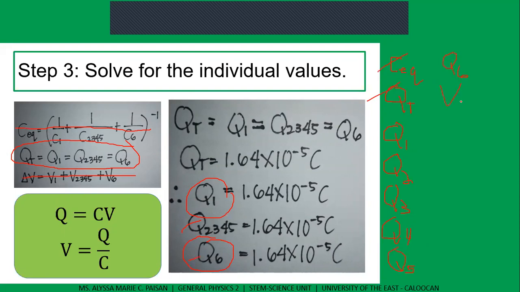And we also need the V1, the V2, the V3, V4, V5, and V6. Okay? Ayun. So, nagtagumpay na tayo. We have gotten the Q1 and the Q6. More to go, no? Ayan.